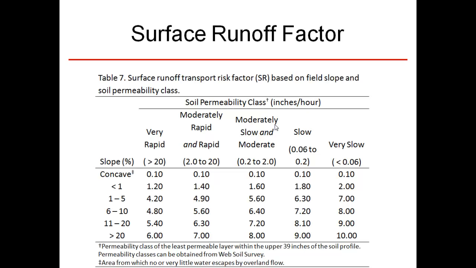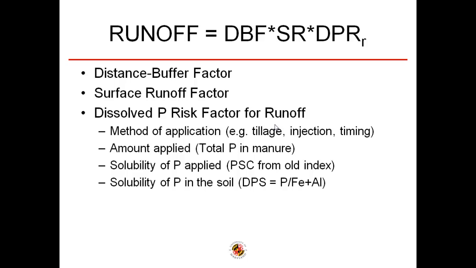Nothing's changed there. It's taken directly from the old index. So runoff is the distance buffer factor times that surface runoff factor, plus the dissolved phosphorus risk factor, which is like the subsurface one where it uses method of application, the amount of P applied, the phosphorus solubility coefficient, and that DPS. Same as the old one, but the management options are different because it's a push-pull.